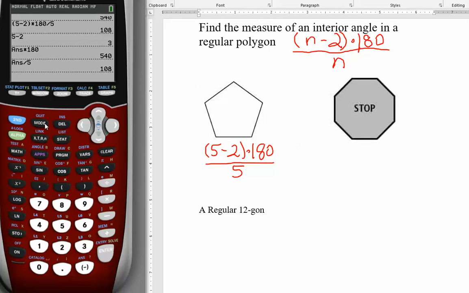If you're on Google, you can type in the entire thing right there, or you can do each individual step. Either way, you're still going to get the right answer. You're going to be successful. That's what I want you to know. I want you to be at ease about being able to do this, because what I'm asking you to do is kind of easy. So the answer was 108, and you saw that doing it both ways. So that'd be 108 degrees.